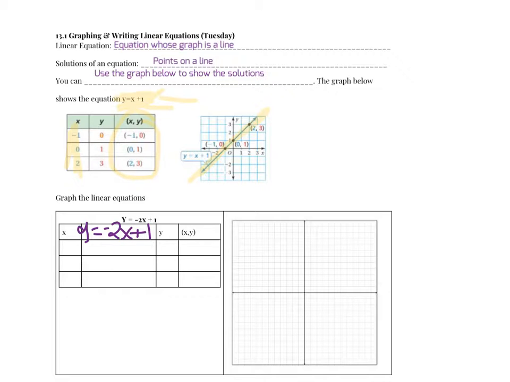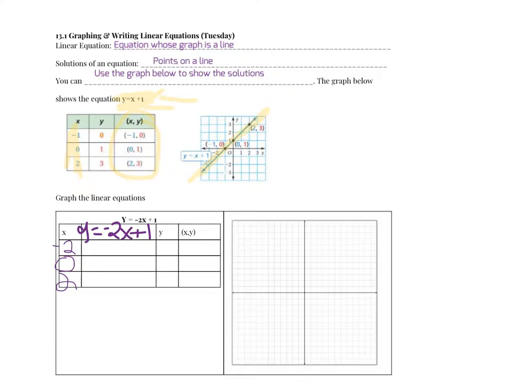Okay, so now we pick any x that we want. I prefer to have one on the negative side, one on the 0, and then one on the positive side. So I might do -2 to make it interesting, and I might do 0 and 2, okay?